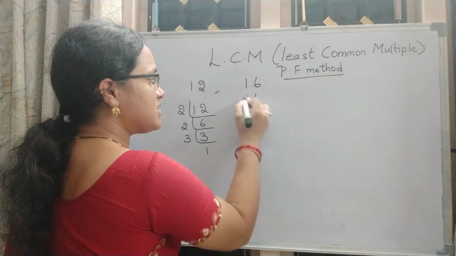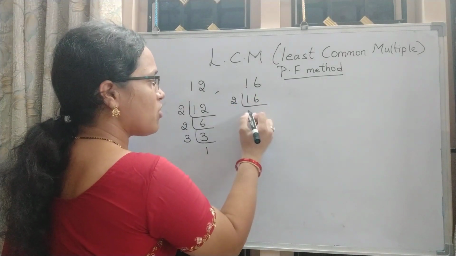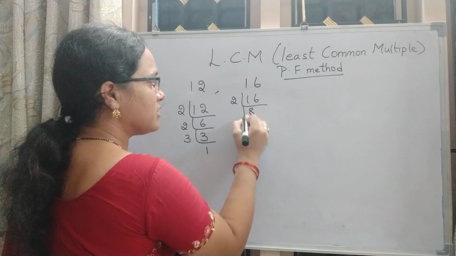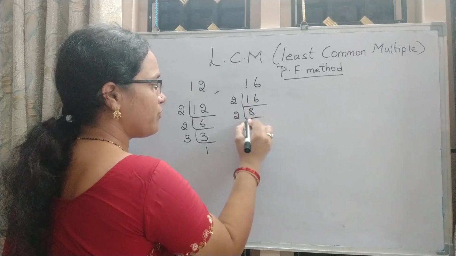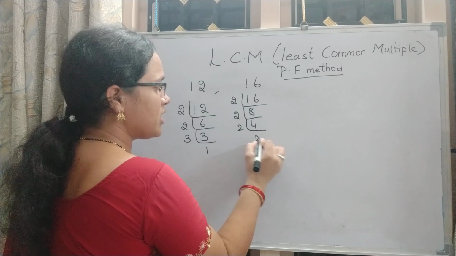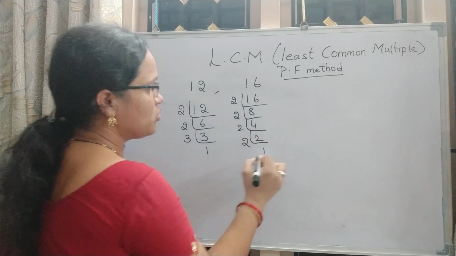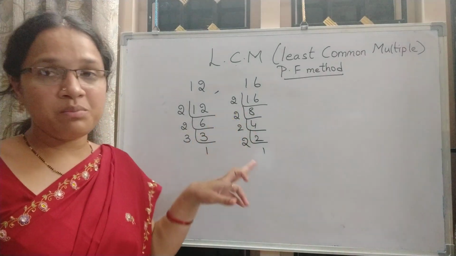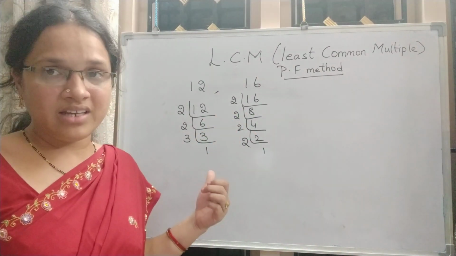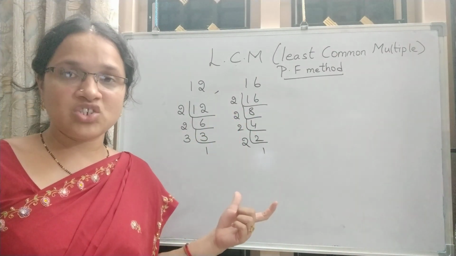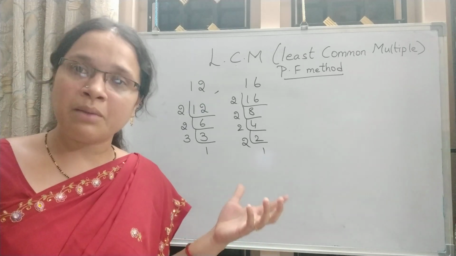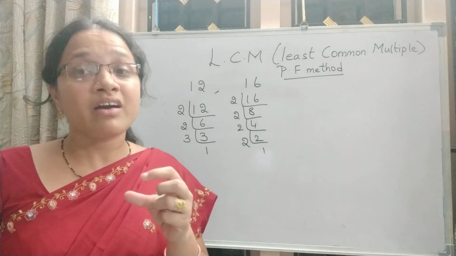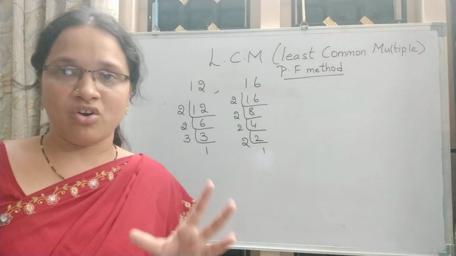Now coming to 16: 2 times 8, 2 times 4, 2 times 2 and 2 times 1. Is that clear? As I told you previously also, please check when you are doing the prime factorization whether you are doing it with the correct table or not, whether you are taking the correct prime numbers to divide or not.